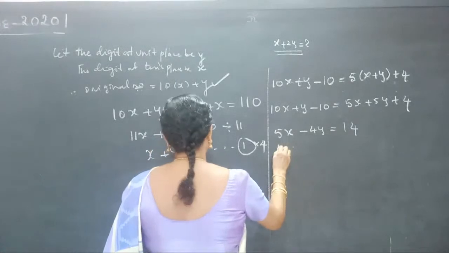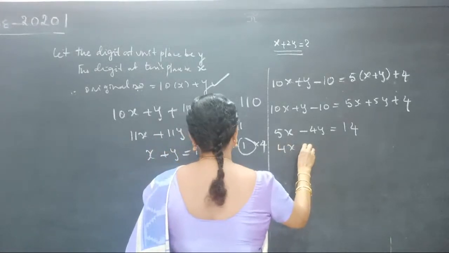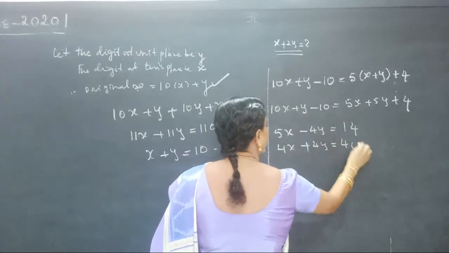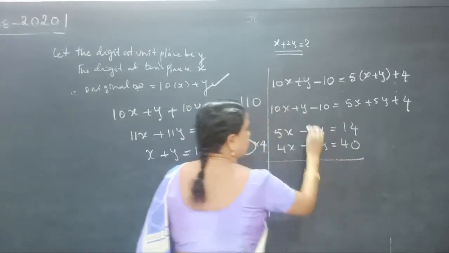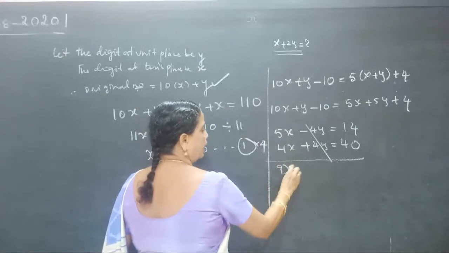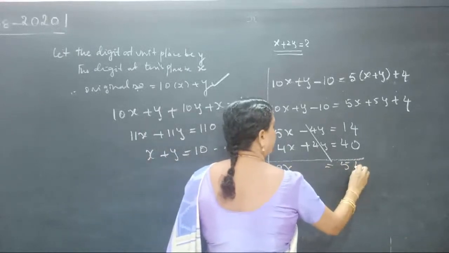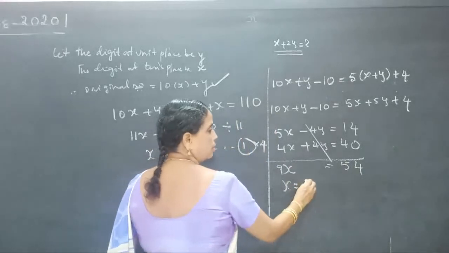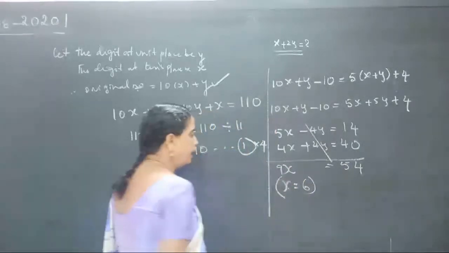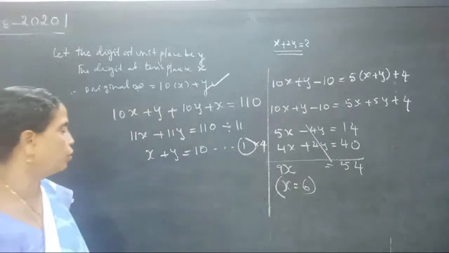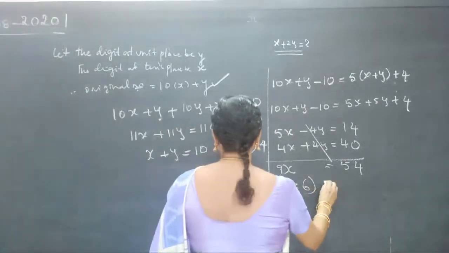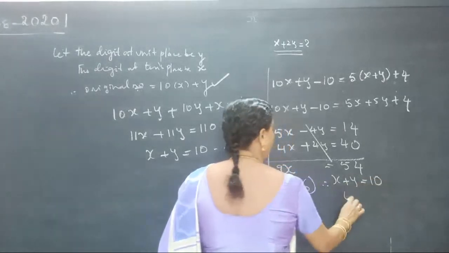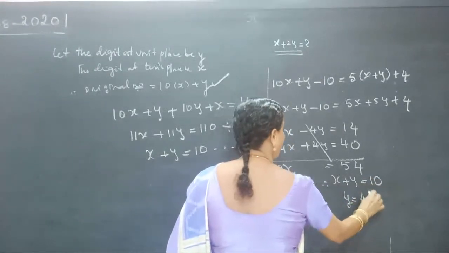That is 4x plus 4y equals 40. By adding, y cancels, 9x equals 54. x equals 6. Getting x equals 6, substitute the value. Therefore, x plus y is equal to 10, y is equal to 4.